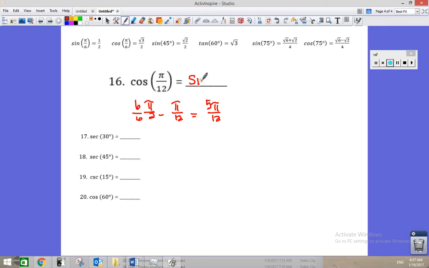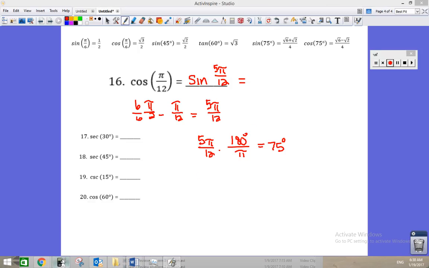Sine and cosine are cofunctions, so I've got the sine of 5 pi over 12. When I convert 5 pi over 12 to degree measure and multiply by 180 over pi, the pi's cancel, and it should be 75.